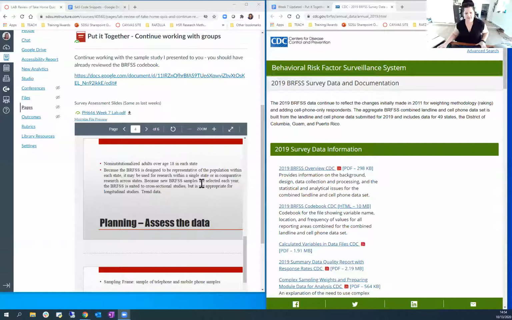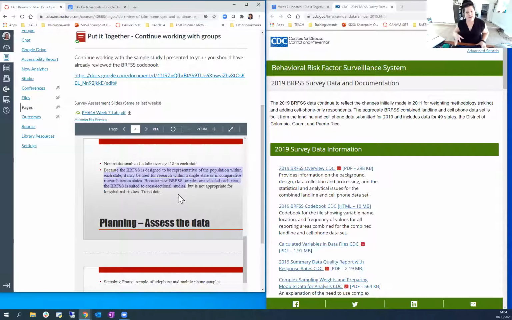Okay, very good. And then we also found out that there were either cell phone or telephone line, okay? Which means, and I added this to you guys, oh, you can't see this yet, sorry. I'm going to share this. The thing I added here in the table is, because they're selected each year, and you should have had a chance to review Module 7 by now, these are a series of yearly cross-sectional studies.